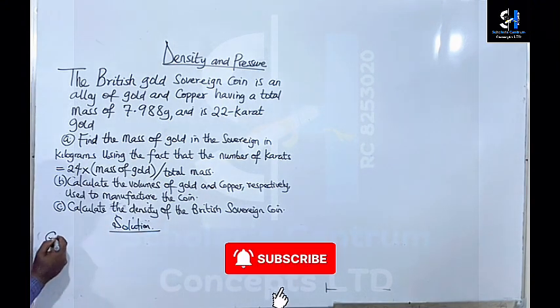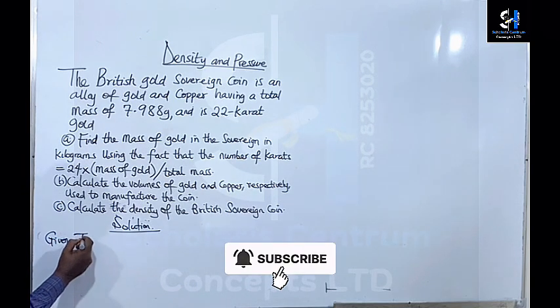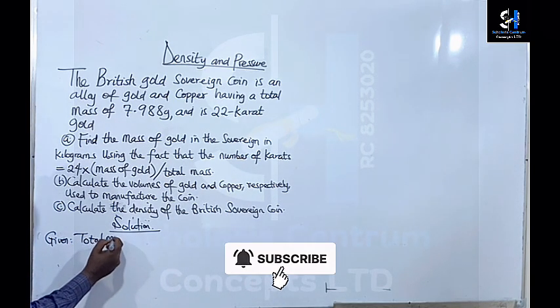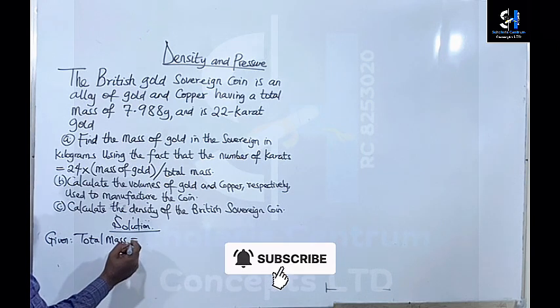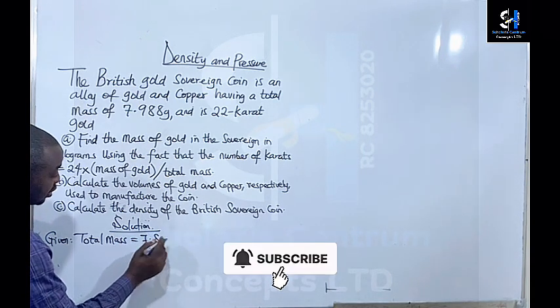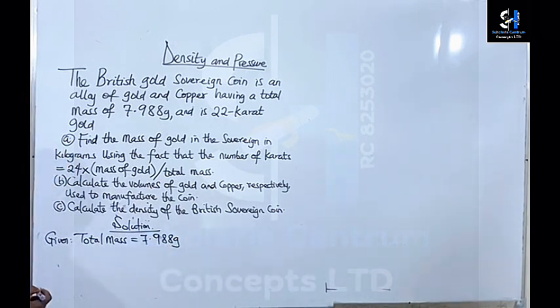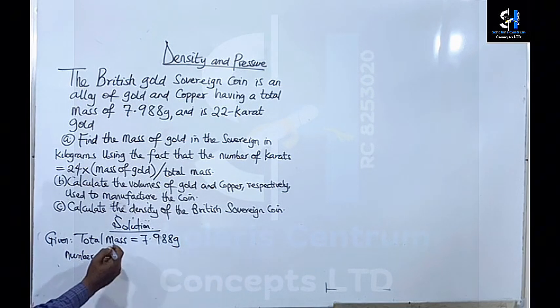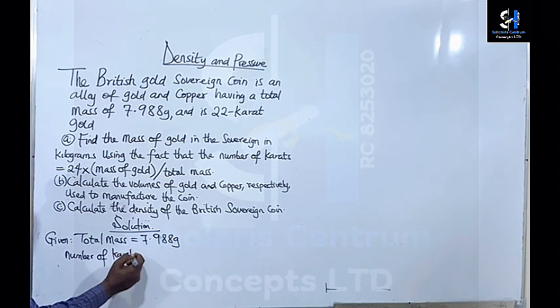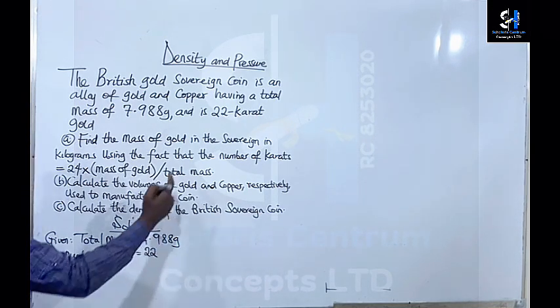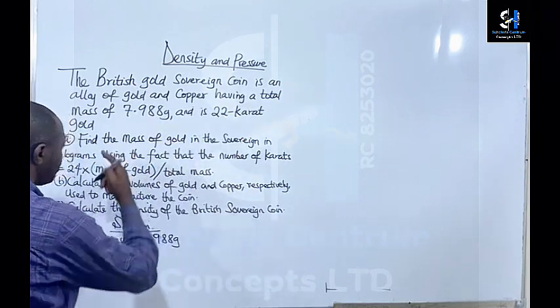First, we are given the total mass, which is 7.988 grams. Then we're also given that the number of karat is 22, which is what we have here as 22 karat gold.